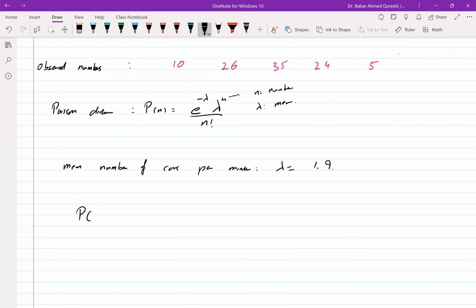And so the probability for 0 cars per minute is e to the minus 1.9, times 1.9 to the power 0, over 0 factorial. So this and this become 1. All I have to compute is exponential raised to the power minus 1.9.